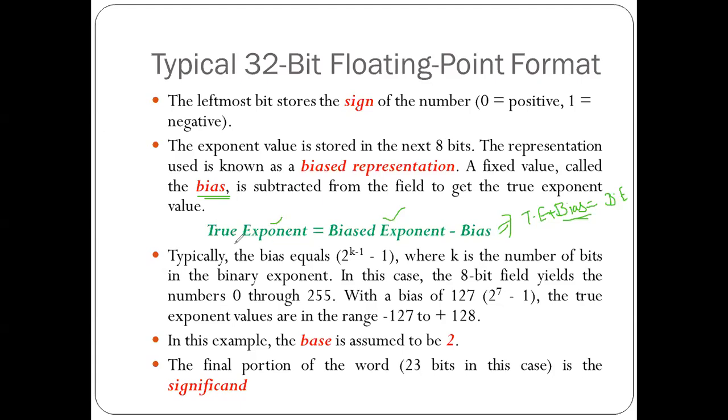Whenever you have a number, it may have a positive exponent or a negative exponent. Whenever you want to store that in binary form, you need to take care of this positive or negative sign also.